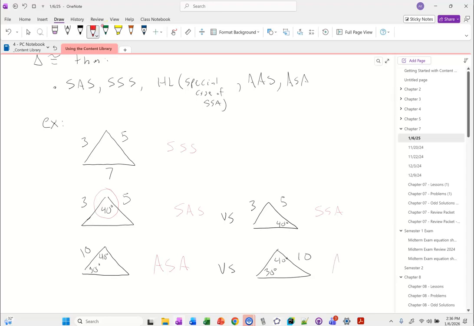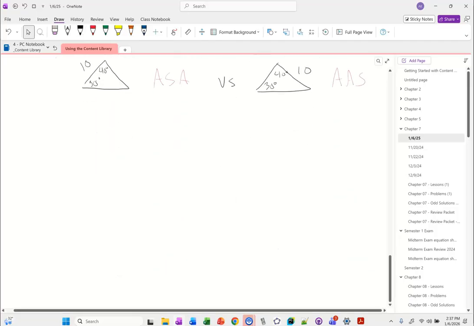This guy would be angle side. Does everybody feel good about seeing the difference between these? Okay. So let's draw a diagram to consolidate this together.